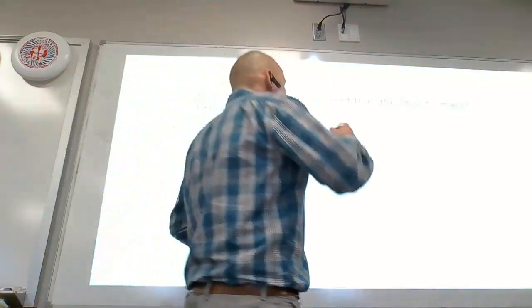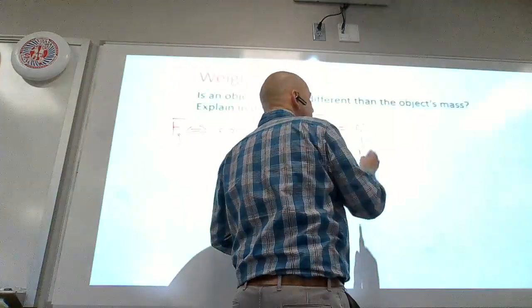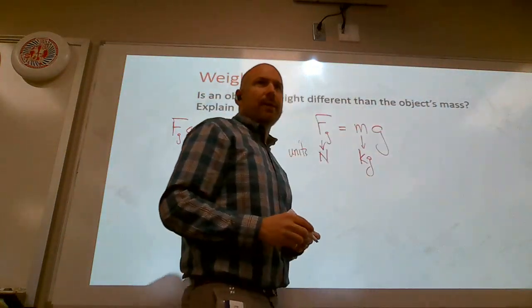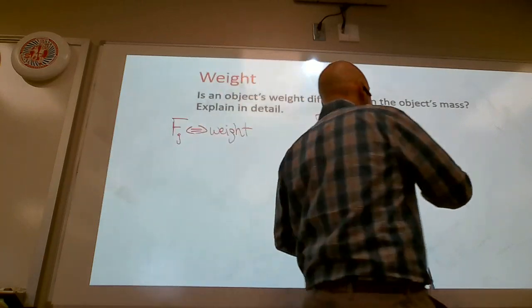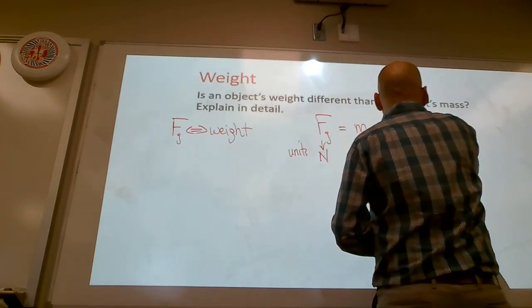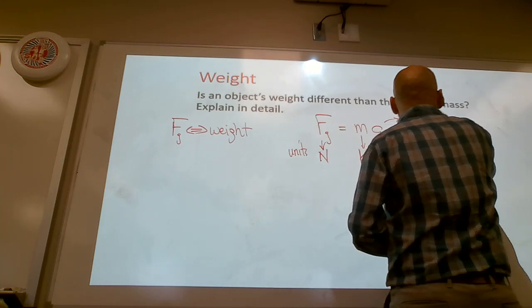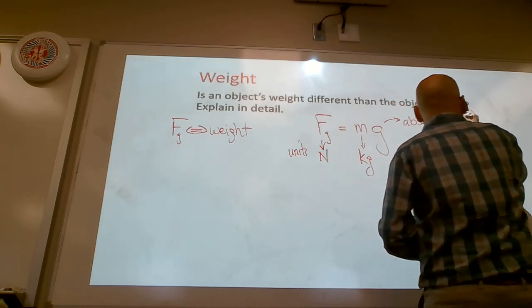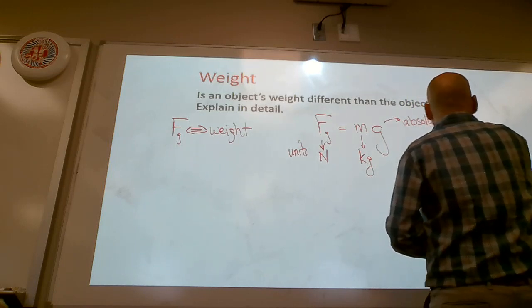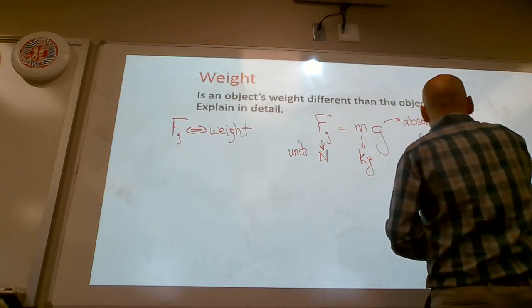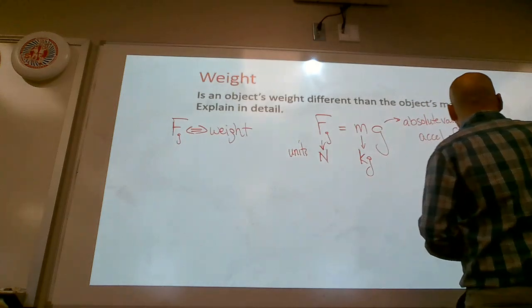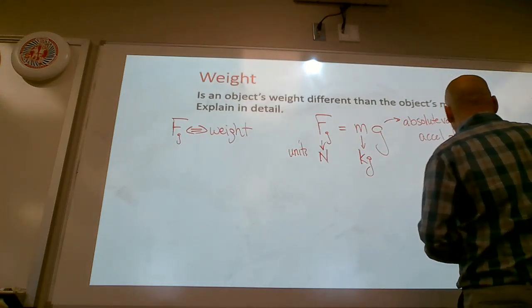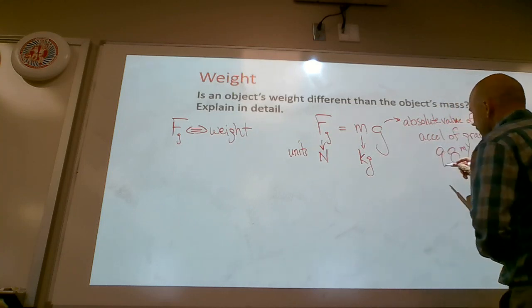Okay, there's a conversion factor between weight and mass, and that is g. g is the absolute value of the acceleration of gravity, 9.8 meters per second squared.